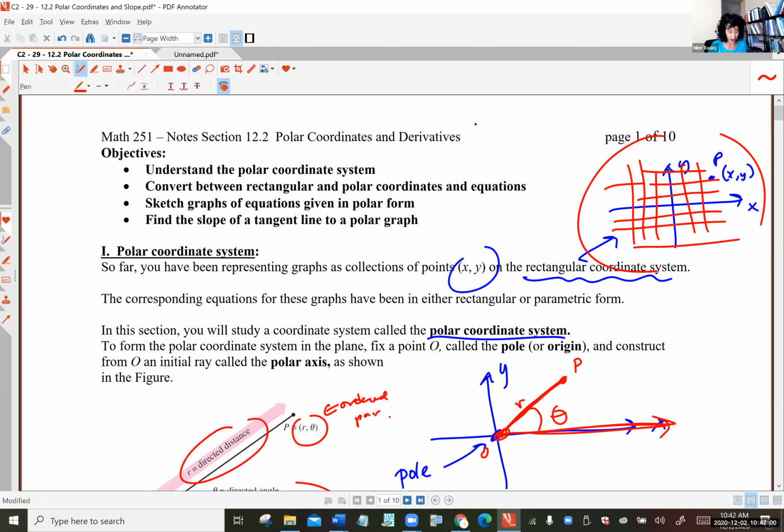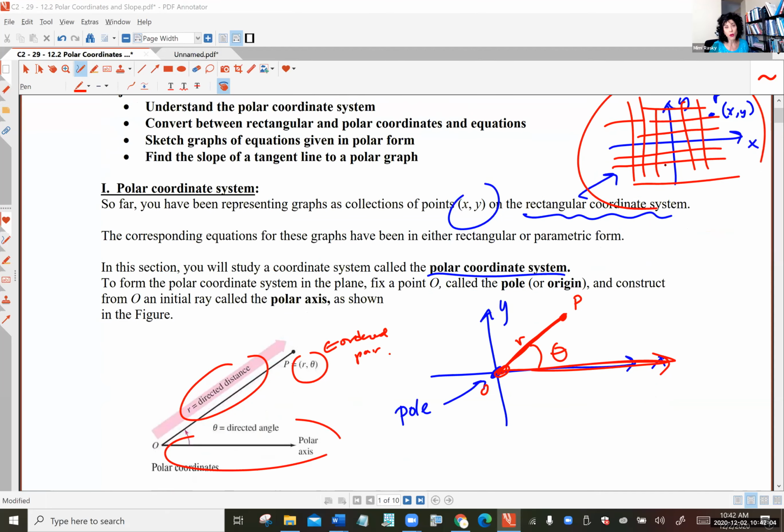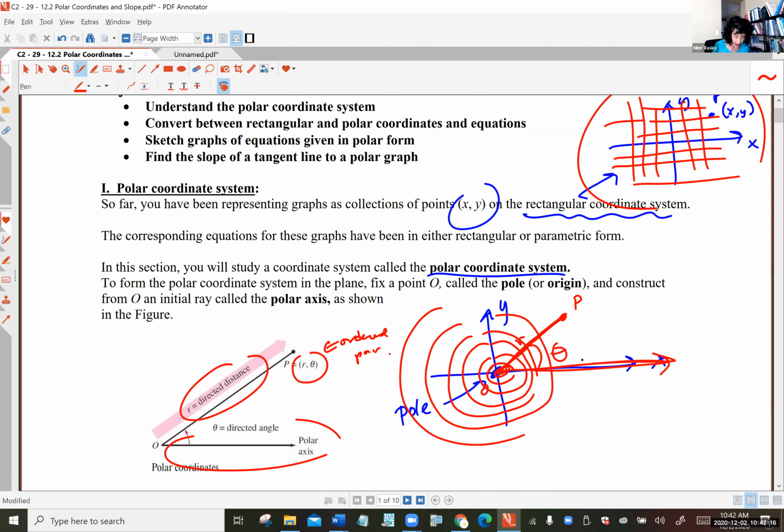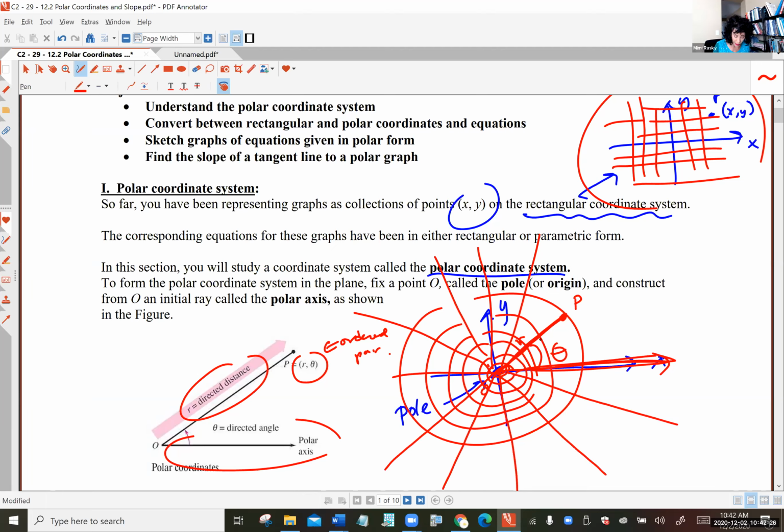Well, polar coordinates graph paper looks totally different. It has concentric circles, so it looks like this. It's kind of cool. It has concentric circles and lines coming out of the origin, which they call rays.